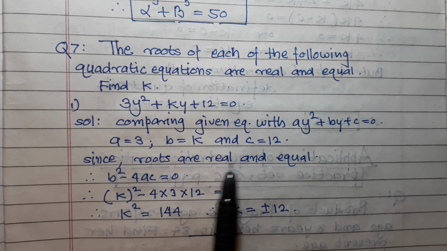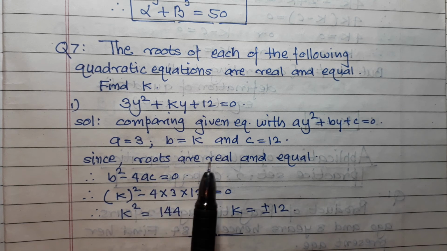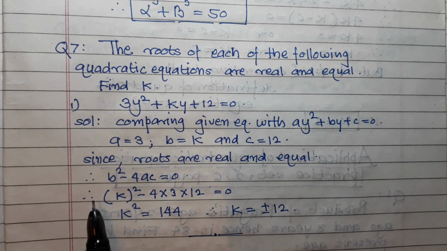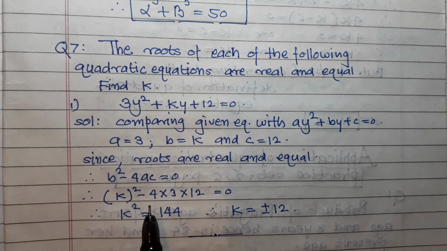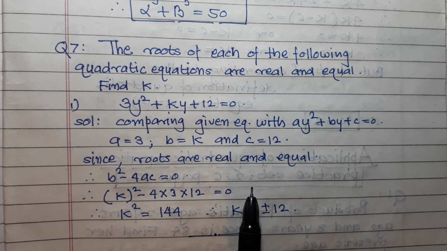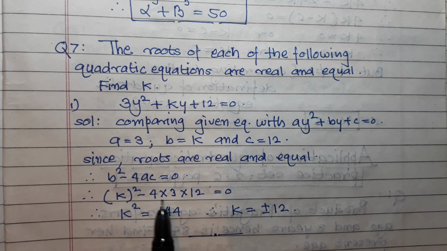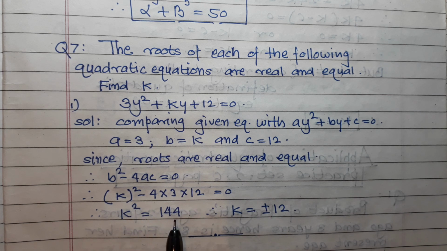Since the roots are real and equal, as given, therefore b square minus 4ac is equal to 0, and then you substitute values, and therefore k into bracket square minus 4 into 3 into 12 is equal to 0, and therefore k square minus all this together 144 is equal to 0, and this you transfer on this side, so it is positive, and therefore k square is equal to 144, and therefore k is equal to plus or minus 12.